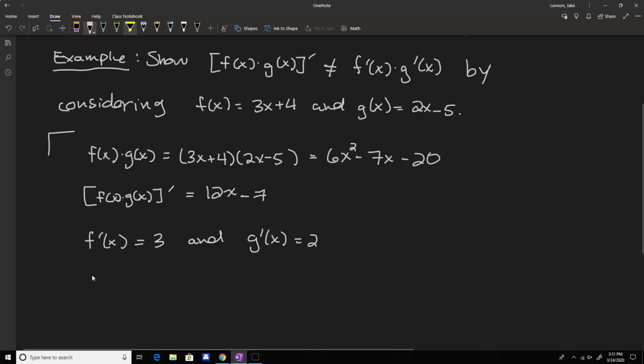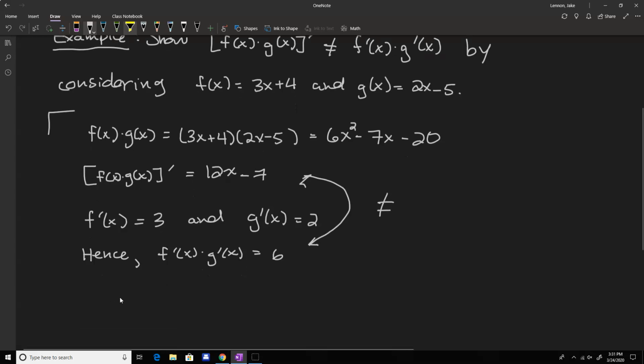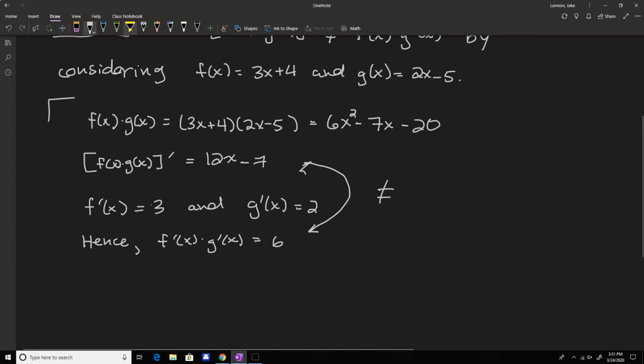So if you tried to multiply those derivatives after taking them first, f prime of x times g prime of x is just equal to 6, 3 times 2. So basically, we can see that these two are not equal. That showed that in general, this method is not going to work for finding the derivative.